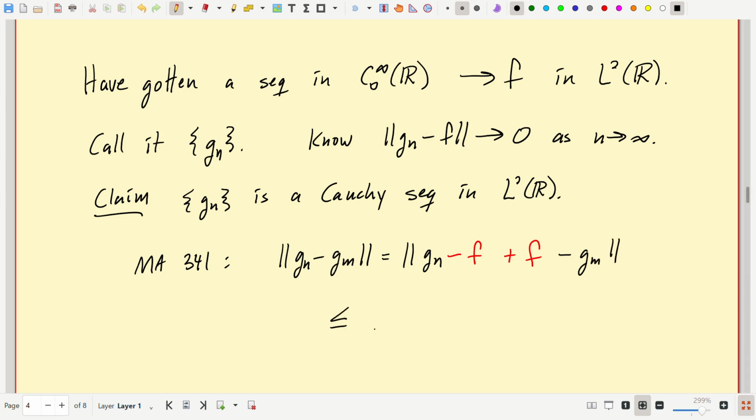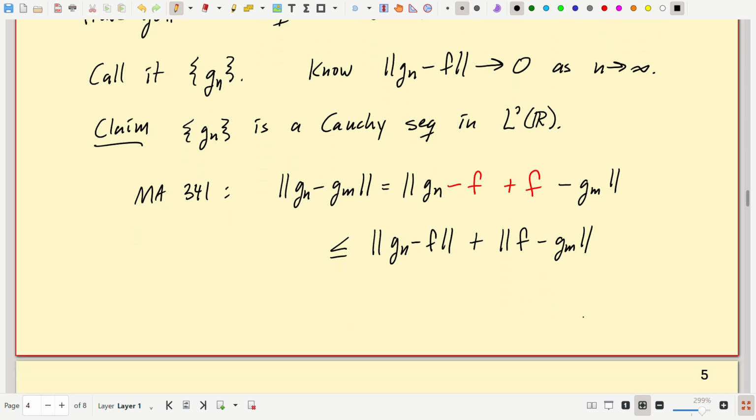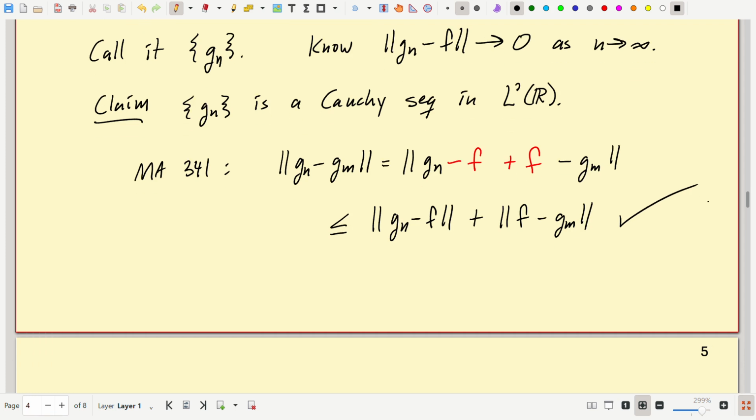And the triangle inequality holds in the L2 norm. And so this would be less than the sum. Because those converge to f, I can make those both less than epsilon over 2. And so sure enough, that classic trick shows you that if it converges, it's a Cauchy sequence. Okay, you did that back when you were showing that the real numbers are complete.